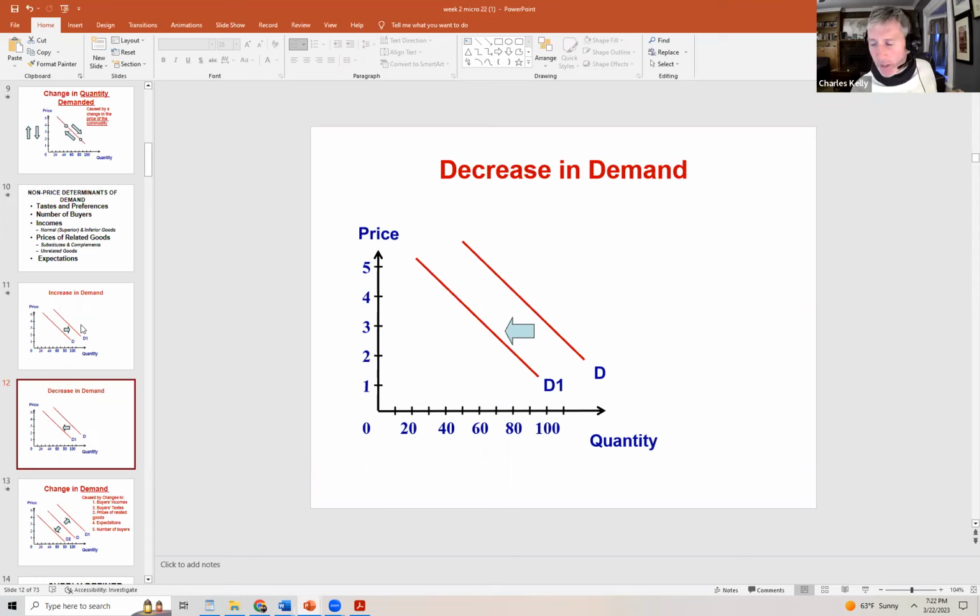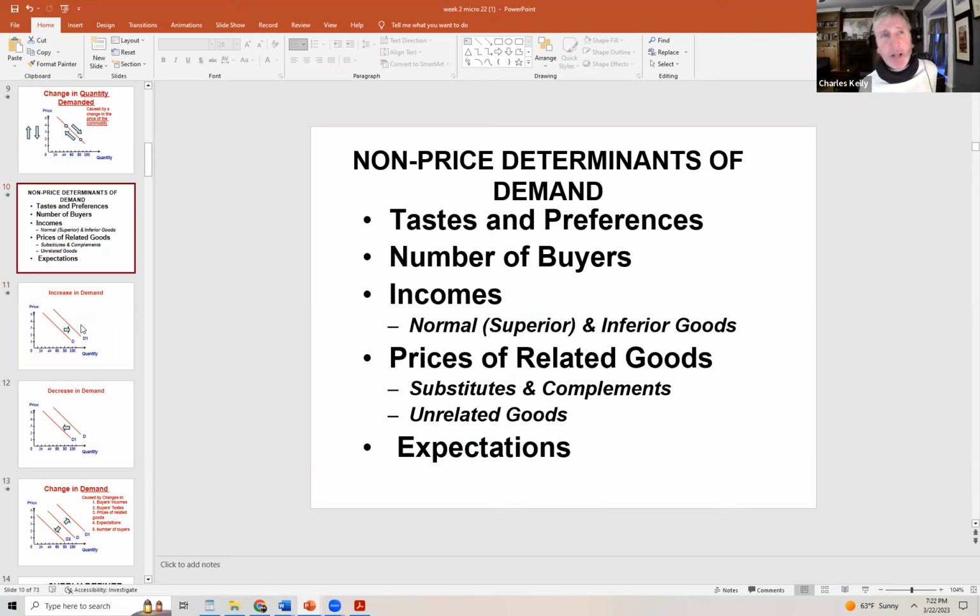Right? Now, the other expectations are interesting. So expectations about future product price. A lot of people were correct when they said, I think automobile prices will be coming down next year. So what will happen in the market for automobiles today? Because remember, demand is the various amounts of goods or services consumers are willing and able to buy at a series of prices, in a specified amount of time.